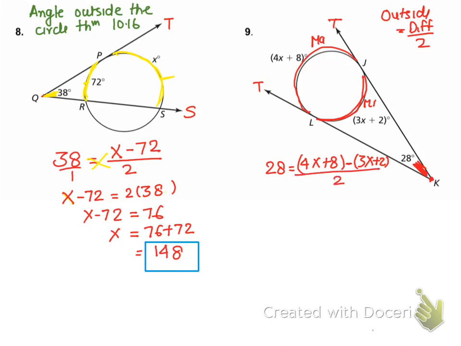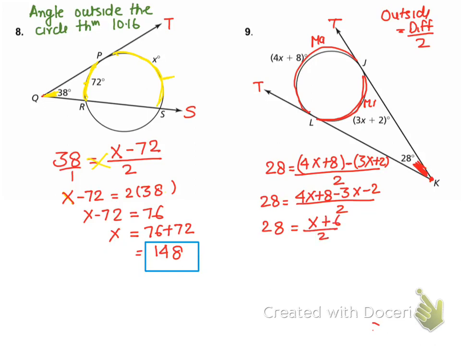I would just simplify the numerator on the right first: 4x plus 8 minus 3x minus 2 over 2. Now 28 is what? 4x minus 3x, combine the like terms, that's going to be x. 8 minus 2 is 6, over 2.